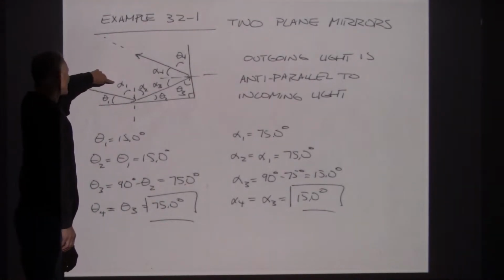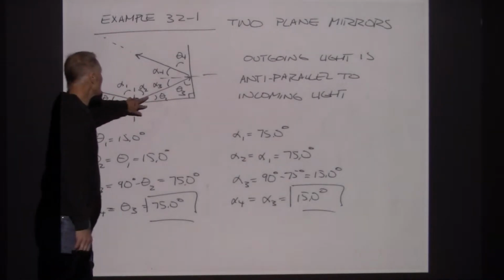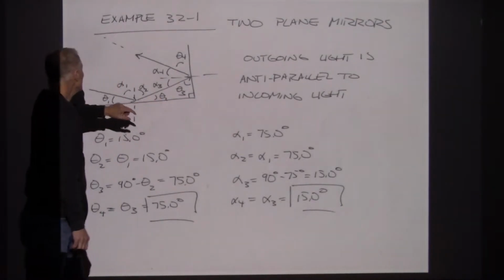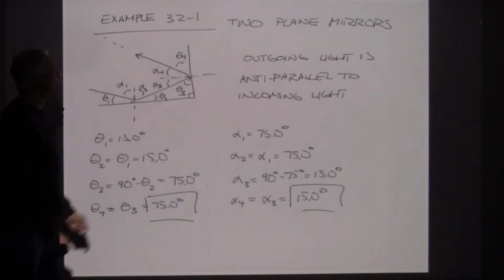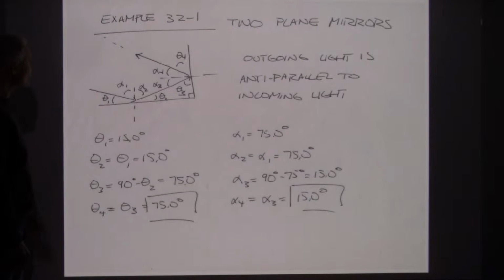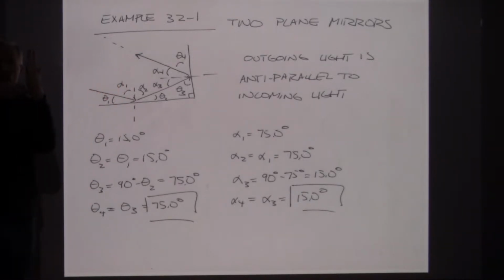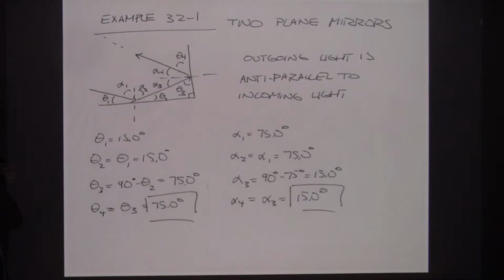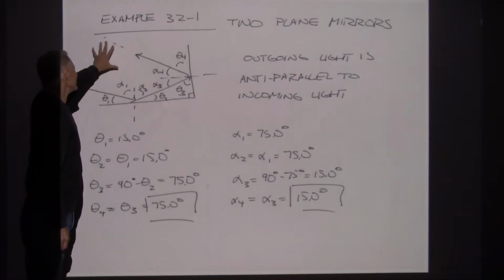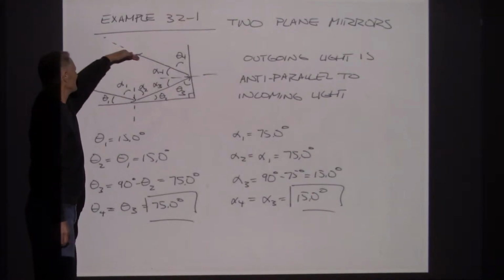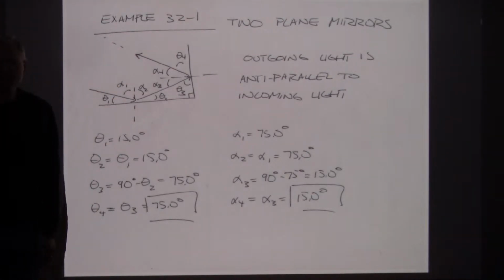Yeah, I think what I did is I kept all the thetas, theta 1, theta 2, theta 3, theta 4, but I introduced alphas, which were complementary, and if that angle is at 90 degrees between the two plane mirrors, then yeah, the light coming out is going to be anti-parallel to the light coming in. I didn't quite get that drawn exactly right, but you can kind of see the effect.